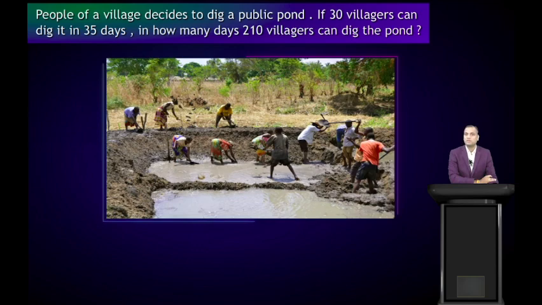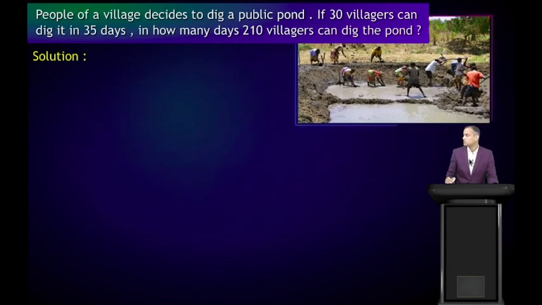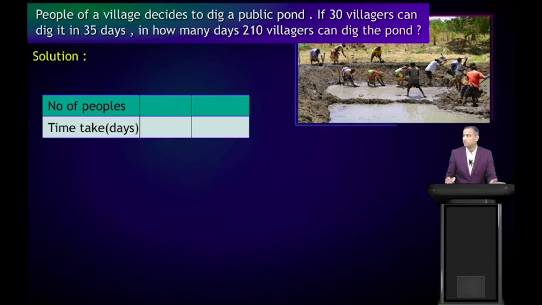First of all, we have to find out which kind of proportion this is. So let's start. We make a table of number of people and time taken. Number of people is 30, then time taken is 35 days.